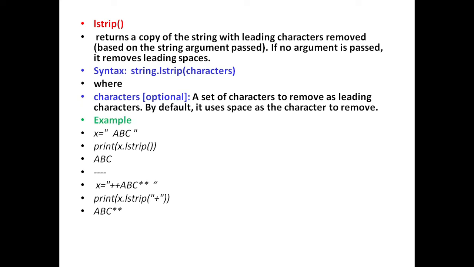For example, if x equal to abc with a leading space and if we print x.lstrip, it will give output abc. Or if x equal to plus plus abc and then star star, and if we print x.lstrip with plus, it will remove the leading plus signs and print abc and 2 stars.